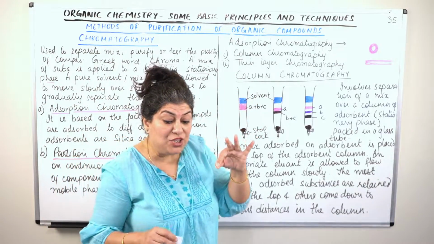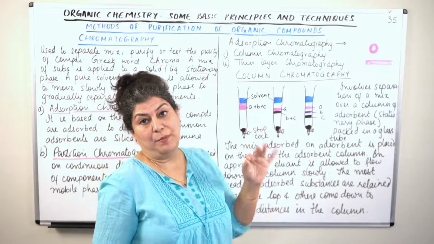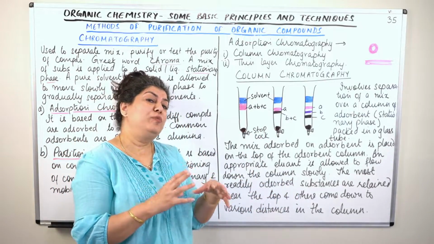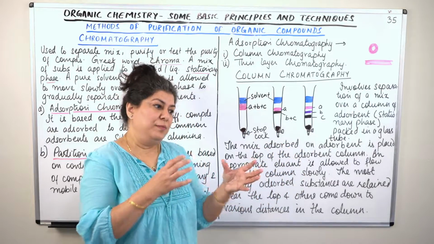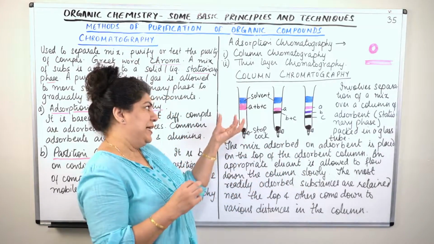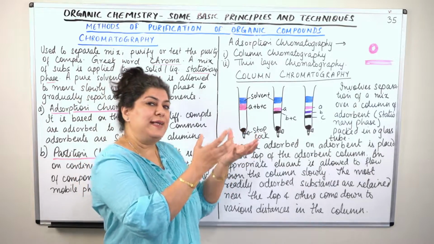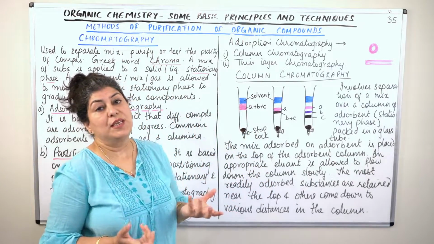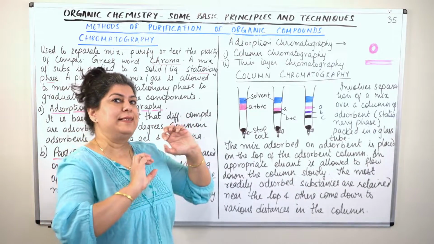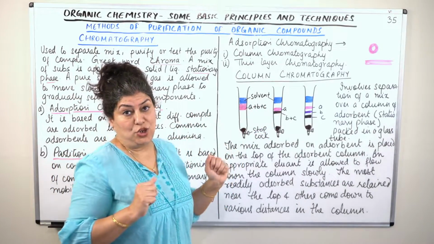And the silica gel adsorbs the compounds. Each compound gets adsorbed differently: one has a greater adsorbability, so it adsorbs first, the other one takes longer, and the third one takes even longer. So one gets least adsorbed and one is really good at adsorption.